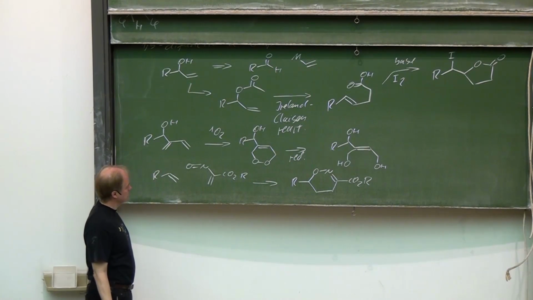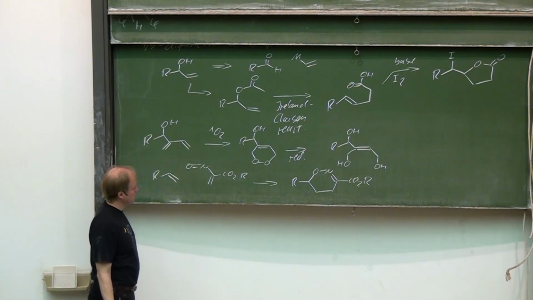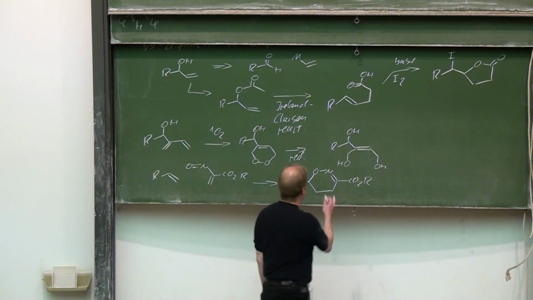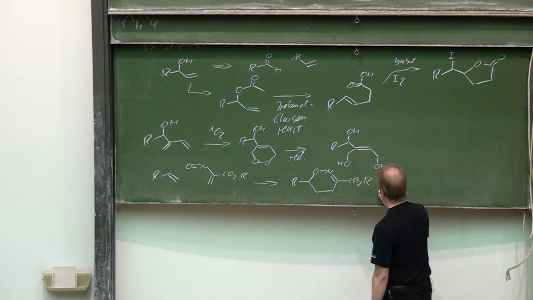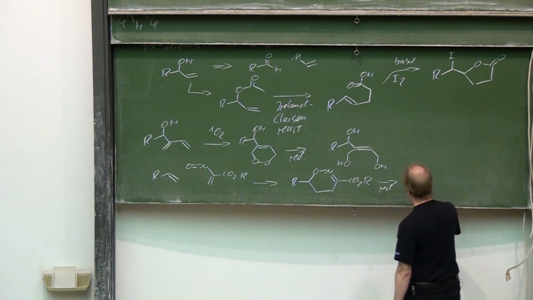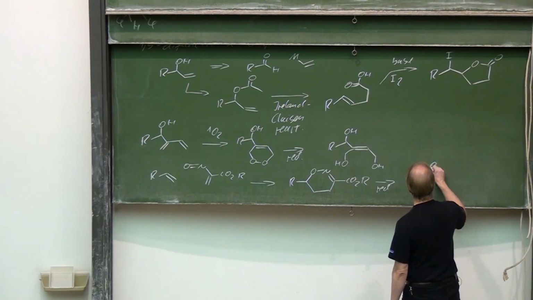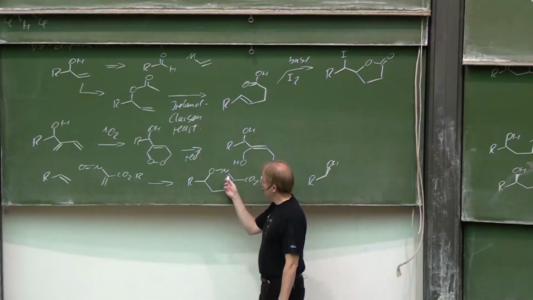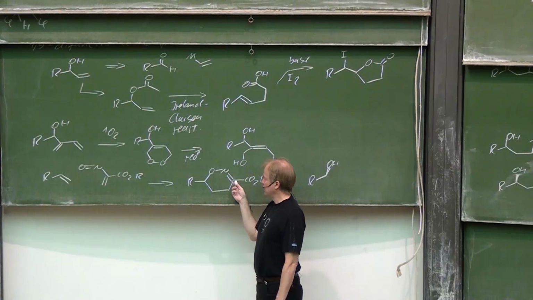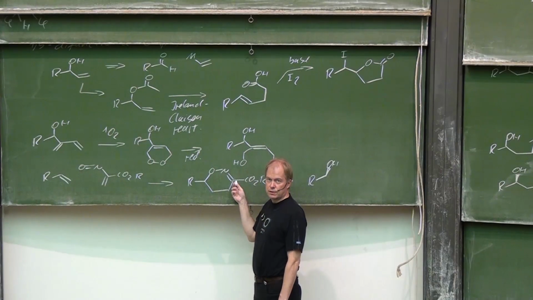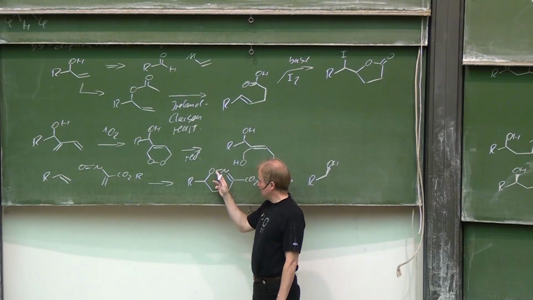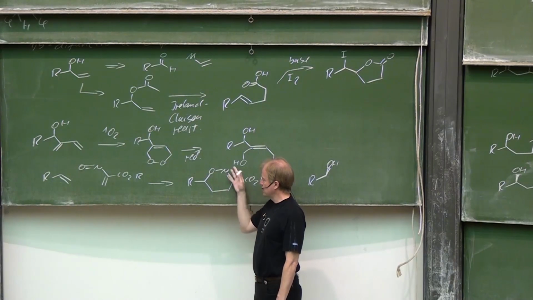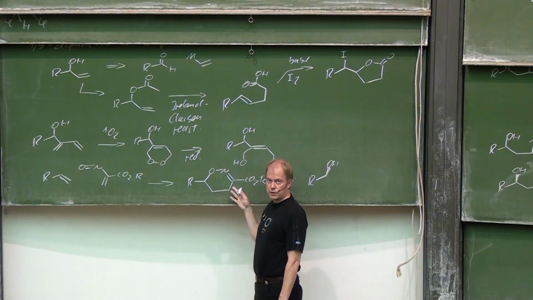So, reduction of this heterocycle will reduce the imine functionality and the oxygen-nitrogen bond, since you've set that up as a cyclic system.